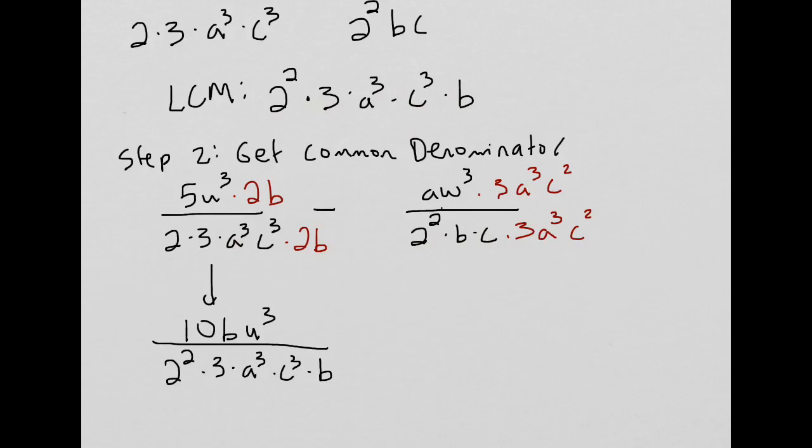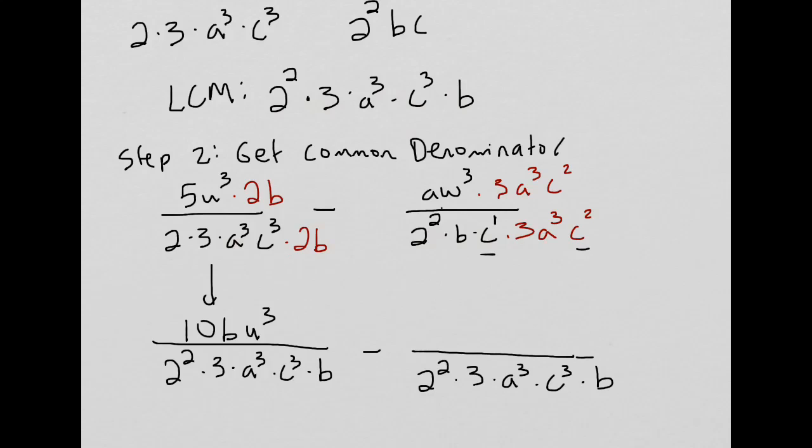So now if I multiply my bottoms together, I'm going to end up with 2 squared times 3 times a to the third times c to the third, because when I multiply c squared by c to the first, I add those exponents, become c to the third, and then times b at the end.